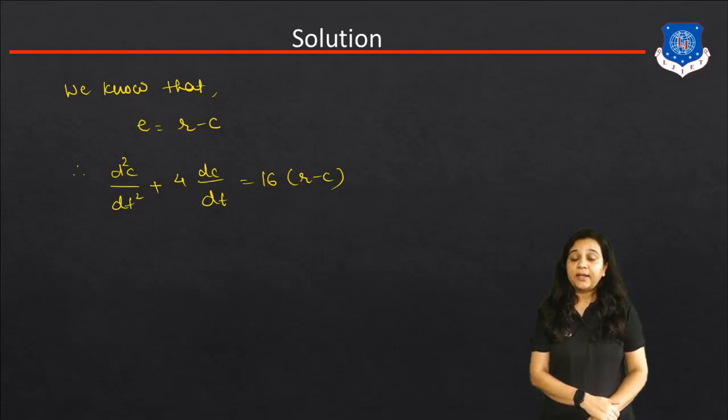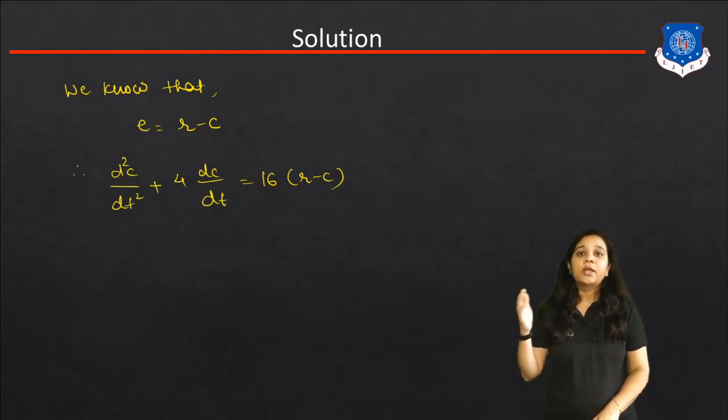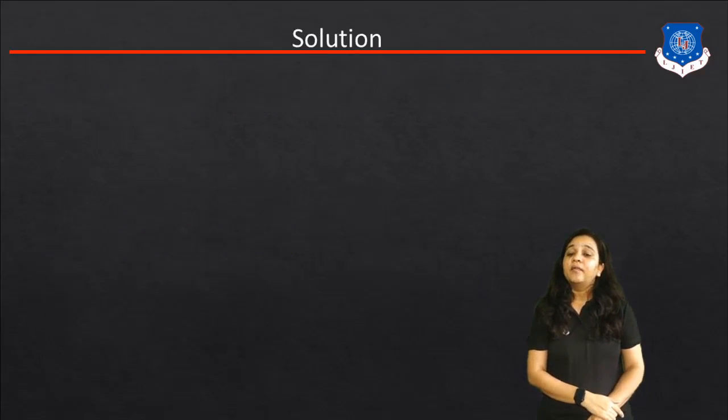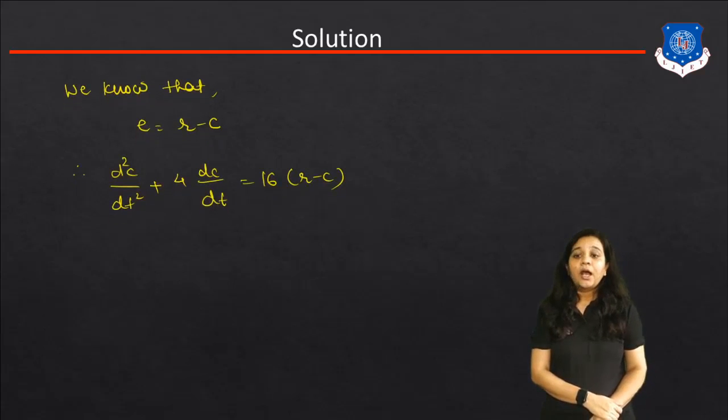First of all, they have given the equation. The error E is equal to the difference between input and output, so E is equal to R minus C. We can put E is equal to R minus C in this equation. We get d square C upon dt square plus 4 dC by dt, that is equal to 16 (R minus C).